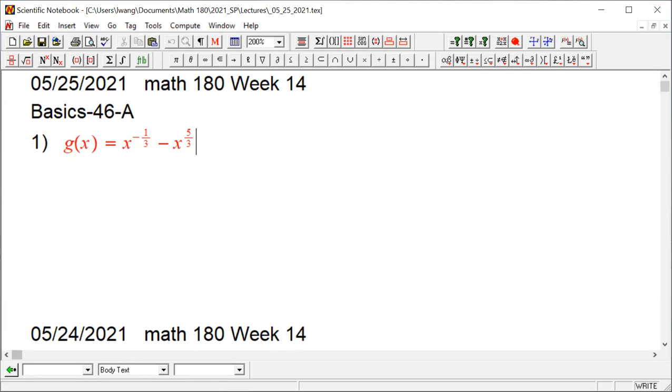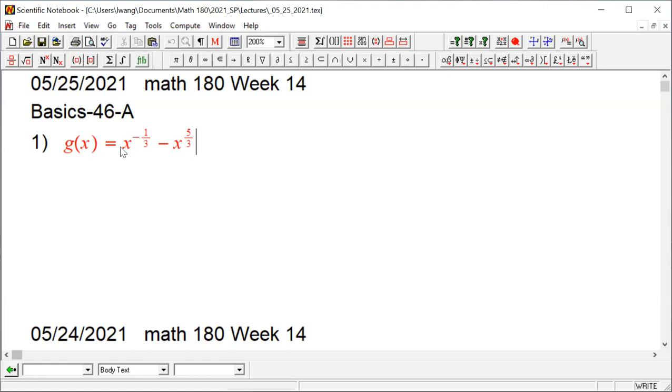The second one, we create an if statement. And the third one, of course, is to identify the domain and what's not in the domain.